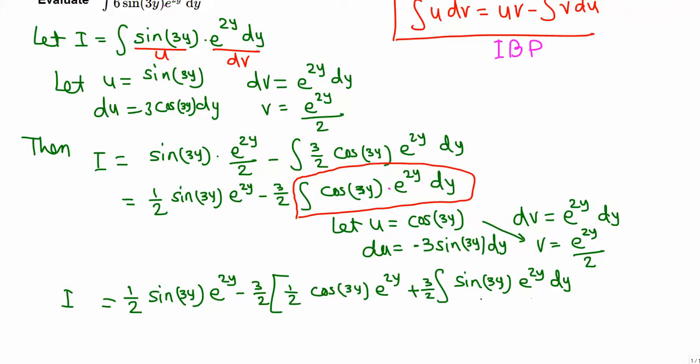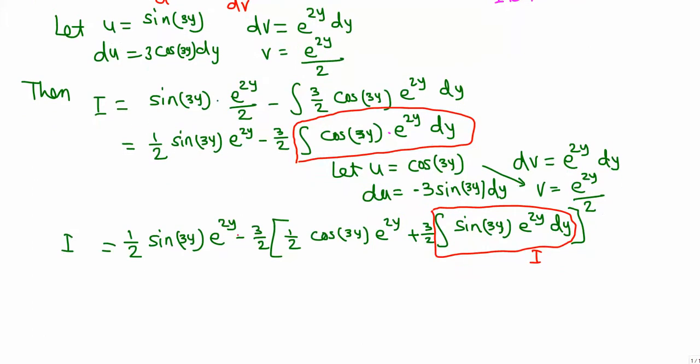But this is exactly the same question we started with, sine 3y times e^2y dy. Let's close this bracket. This is in fact our integral, so I'm going to write this as I. Now I'm going to distribute this -3/2 because we have two terms here.